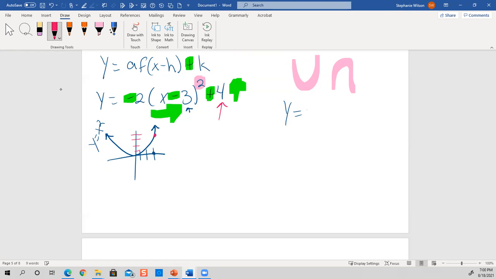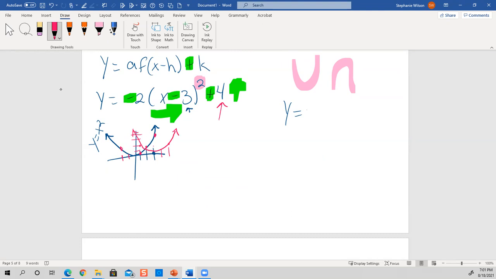Of course, we need to move all points, so we need to make sure we have this labeled correctly. So we move this 3 over and up 4, and move this one over 3 and up. And so far we've got this here. So that's applying the h and the k.